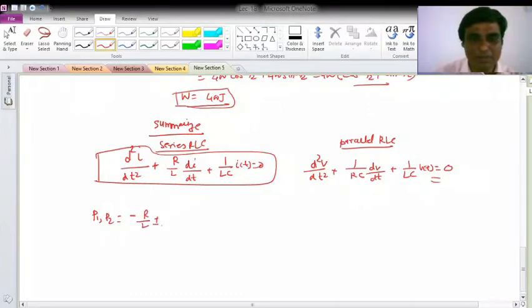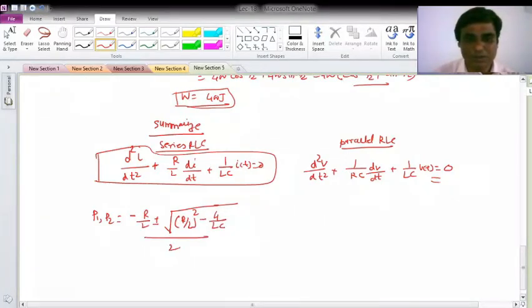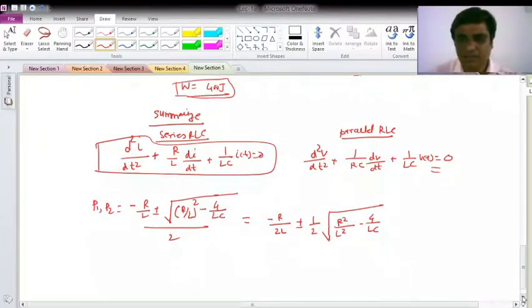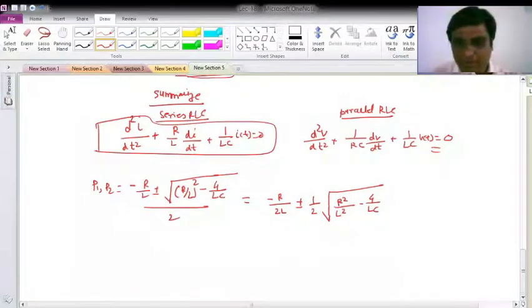Minus b plus minus square root of b square minus 4ac, so 4 divided by LC, divided by again 2a, so this I can write as minus R upon 2L plus minus 1 by 2 square root of R square by L square minus 4 by LC. Okay, now the behavior totally depends on this radical.